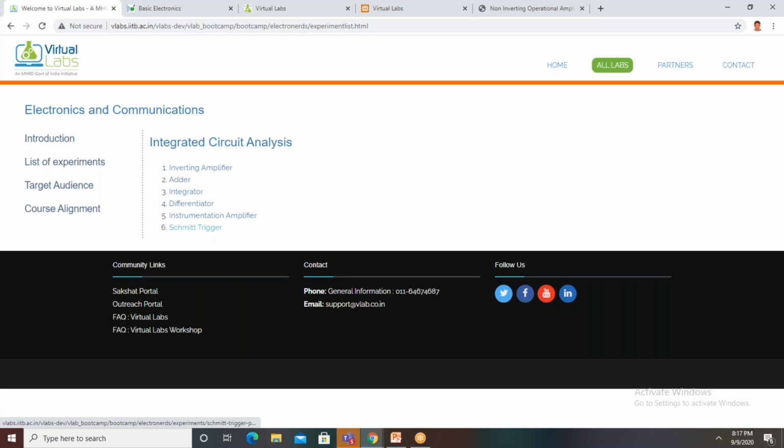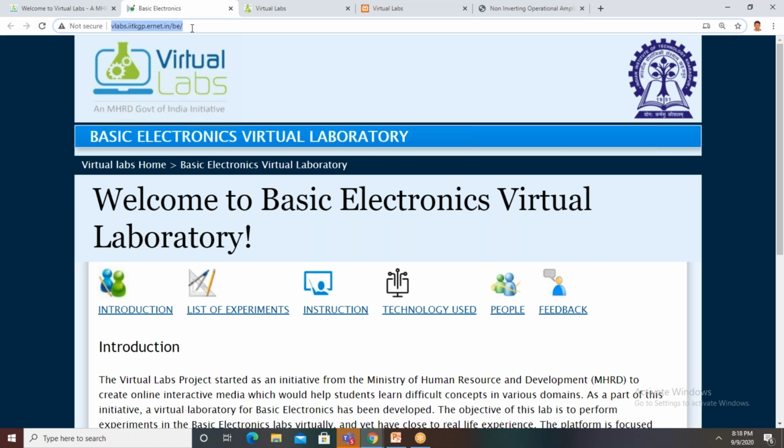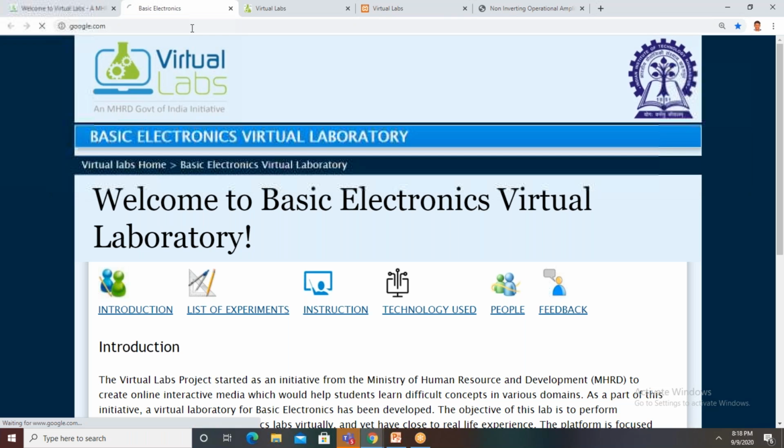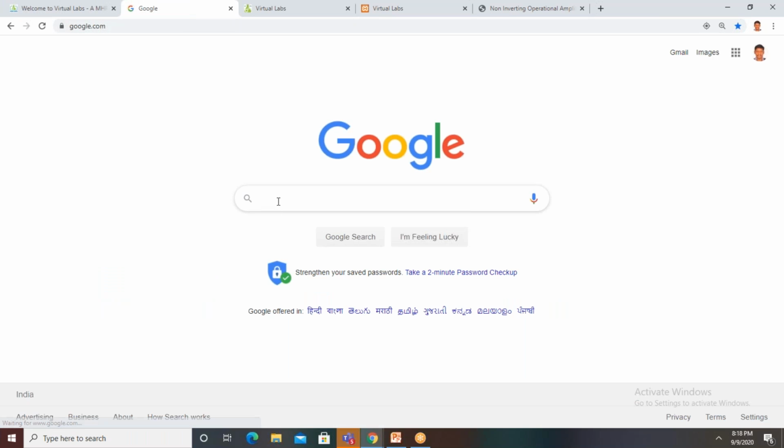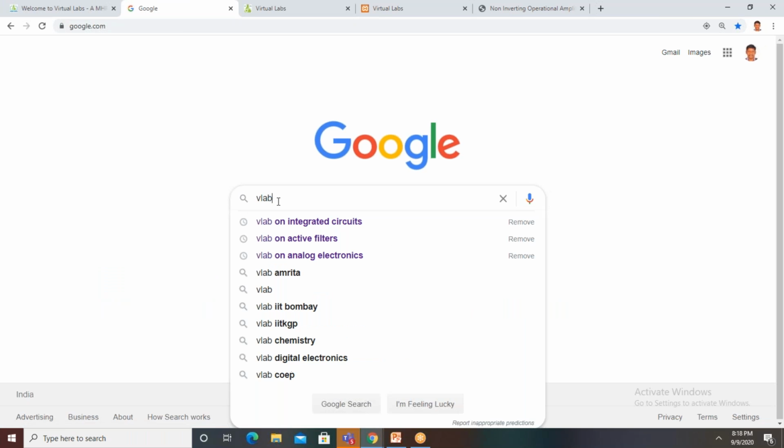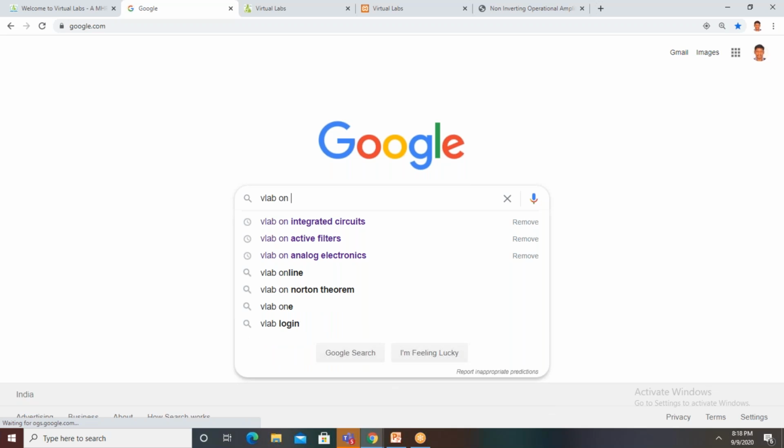Sampling gate is also available, I think. Converters are also there, sir, analog to digital converter.